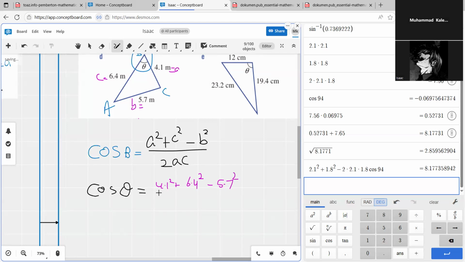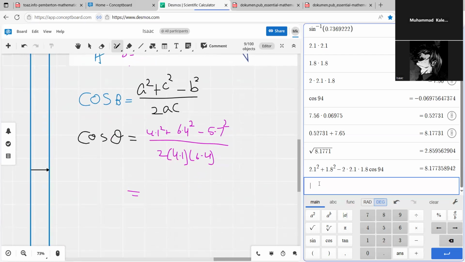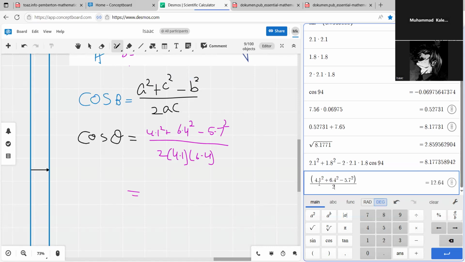Do you understand what I mean, man? Yeah, I understand. Okay, that's great. What is the C? C is 6.4. Just use these values in the calculator. Let's find it out. We have 4.1 square and then plus 6.4 square, and then we have negative 5.7 square, and then in the denominator we have 2 times.